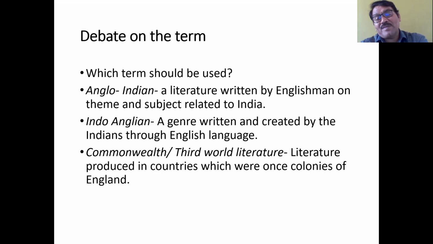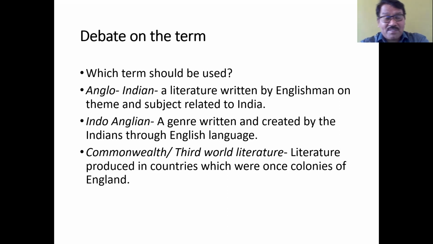And this body of literature, that is Charles Kincaid, many Englishmen served in this country in different capacities. Either they were military officers or civilian officers, judicial officers, collectors, a variety of even education officers like John F. Fleet, like Kincaid.